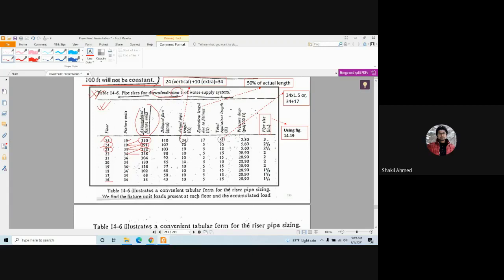So from the demand flow, similar, go back to the previous figure. Let's say for 310 fixture unit, what is your Q? This is your Q, by the way. Demand flow, 310.